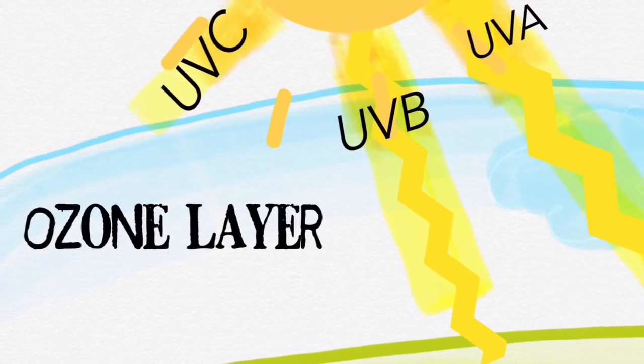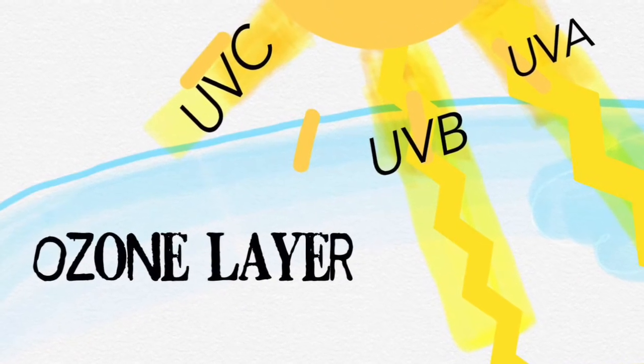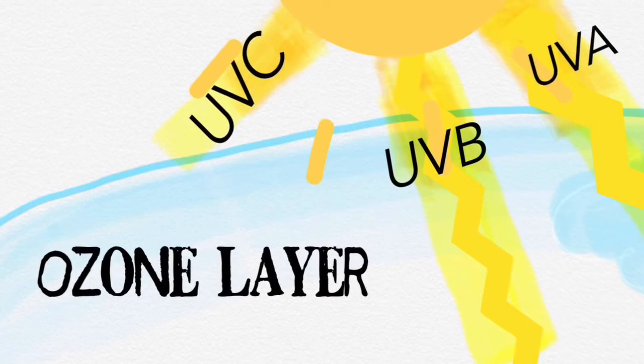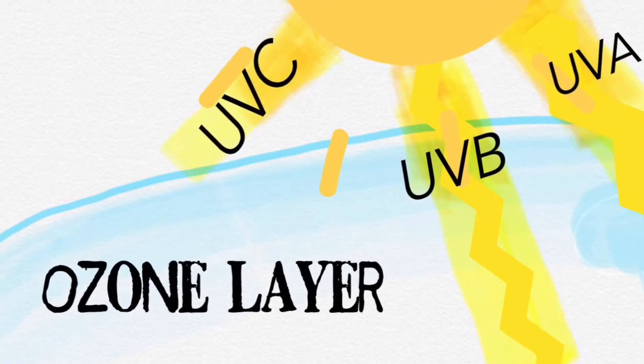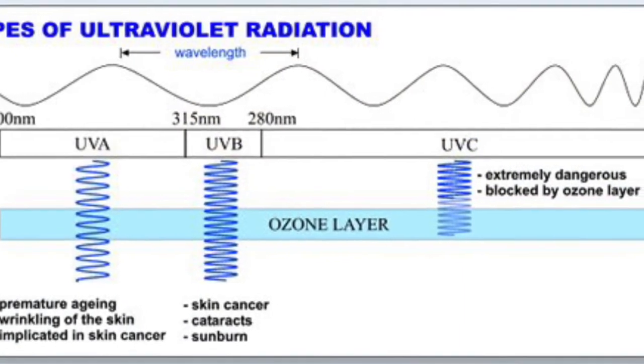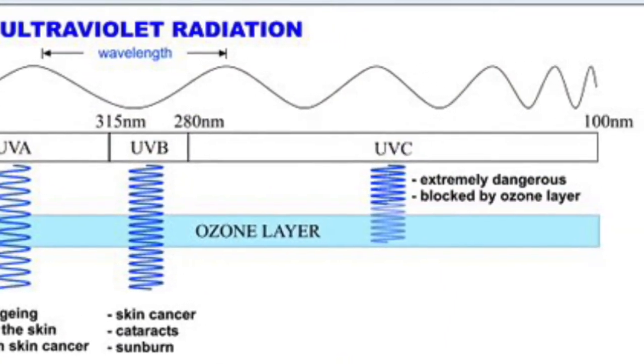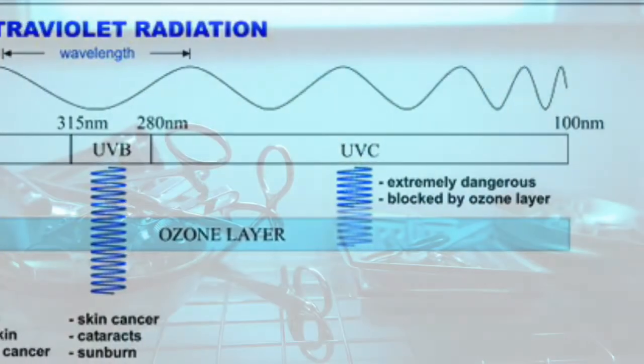UVC is the shortest of all UV rays. UVC rays never reach the Earth's surface because they're absorbed by the ozone. They are also considered to be in the germicidal range, which is why hospitals use UVC lights to disinfect.